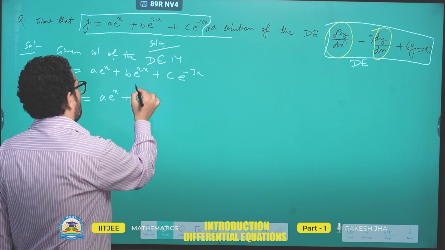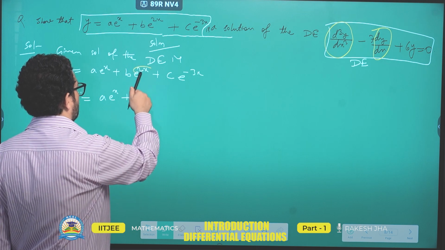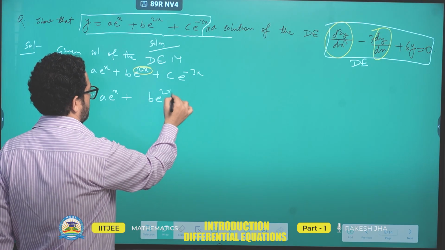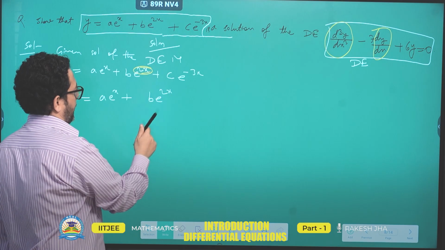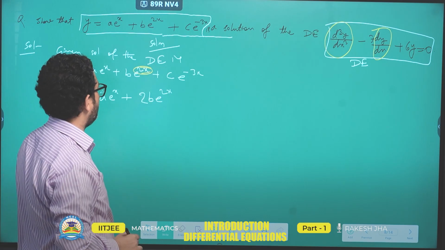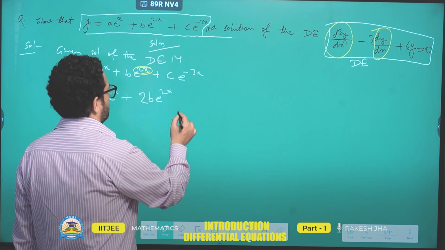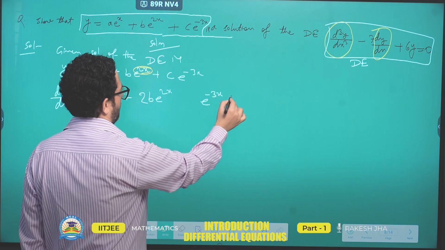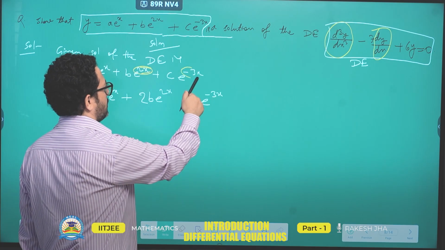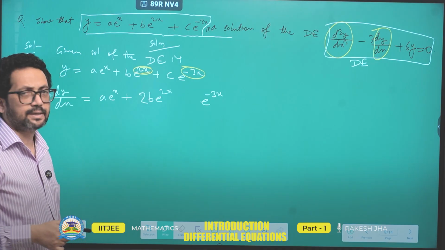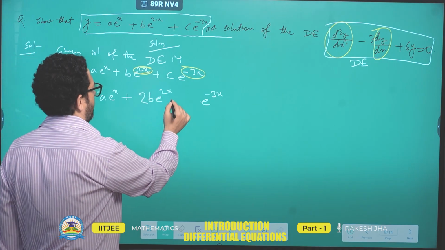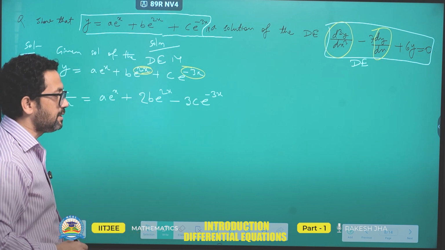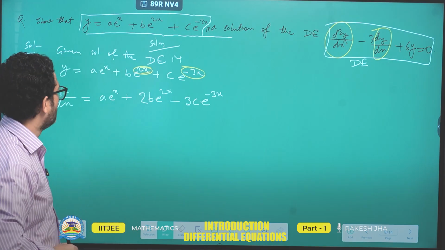Now here b times e raised to the power 2x, and the differentiation of 2x is 2, so we will write here 2b times e raised to the power 2x. Similarly here e raised to the power minus 3x will be as it is, and the differentiation of minus 3x is negative 3, so minus 3c times e raised to the power minus 3x, c being constant will be kept as it is.